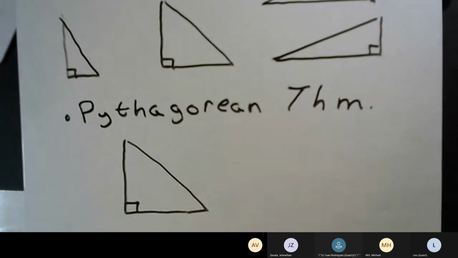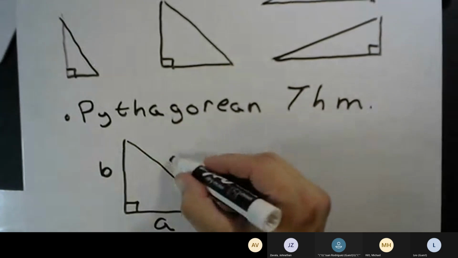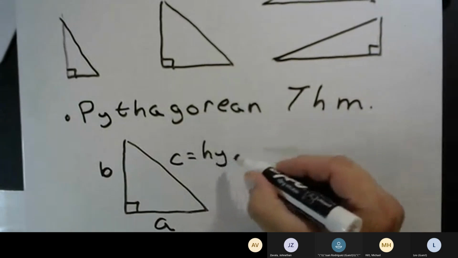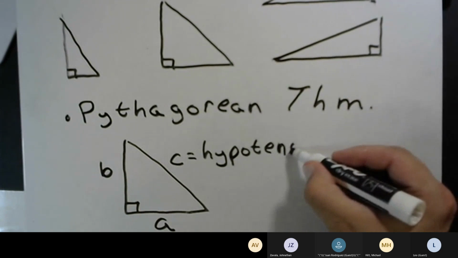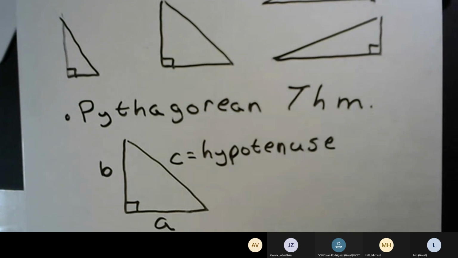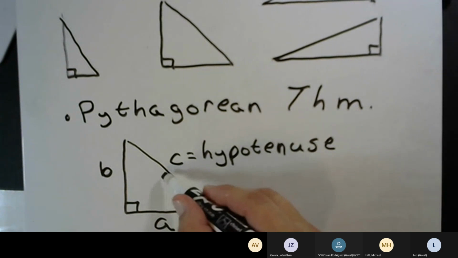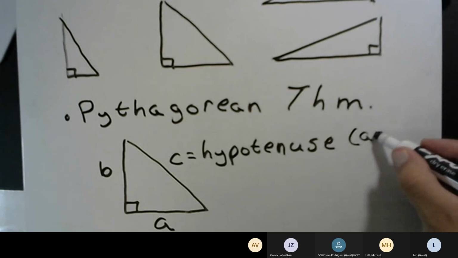So you have a right triangle. We have an A, we have a B, and we have a special side C. Now this side C is called a hypotenuse. And the way you know you have a hypotenuse, it's the side opposite, directly across from the 90-degree angle.